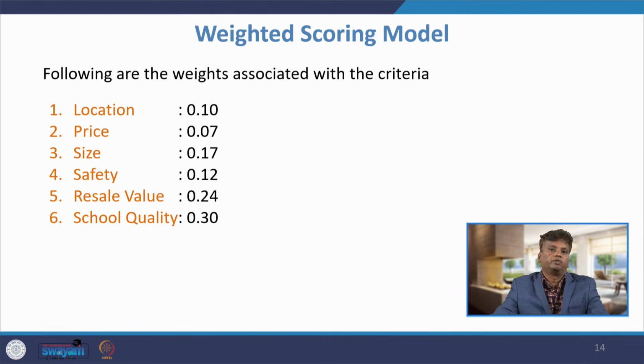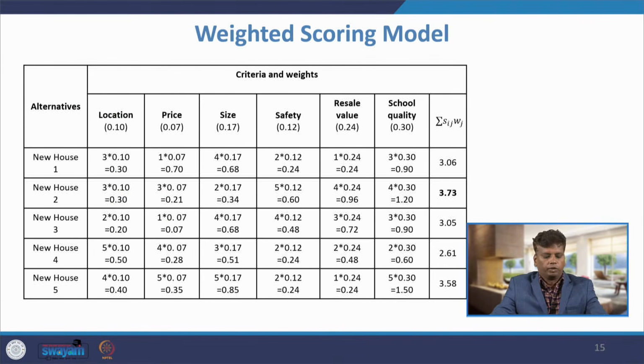You see the highest weightage given by the expert is school quality, that is 30%. So, we have the criteria and the weightage, and there are some alternatives. By using these criteria and their alternatives, I am going to find the weighted sum. Here there are 5 alternatives.